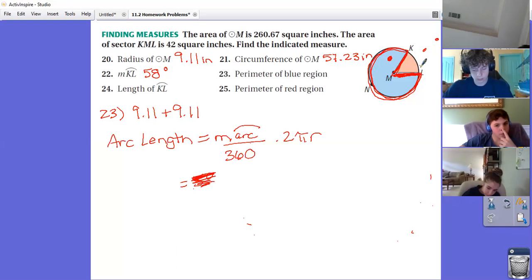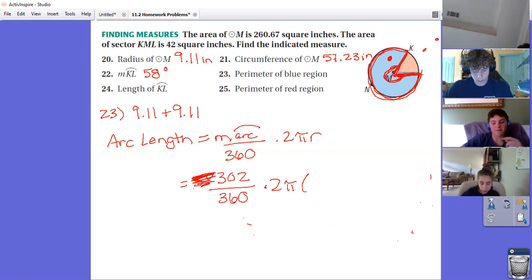So if KL is 58, if I subtract it from 360, then the measure of this arc, or this angle right here, which is the central angle, will be the same measure as the arc, which is 302. So I have to subtract the 58 from 360 to get that, and then times 2 pi r, and the radius is 9.11.